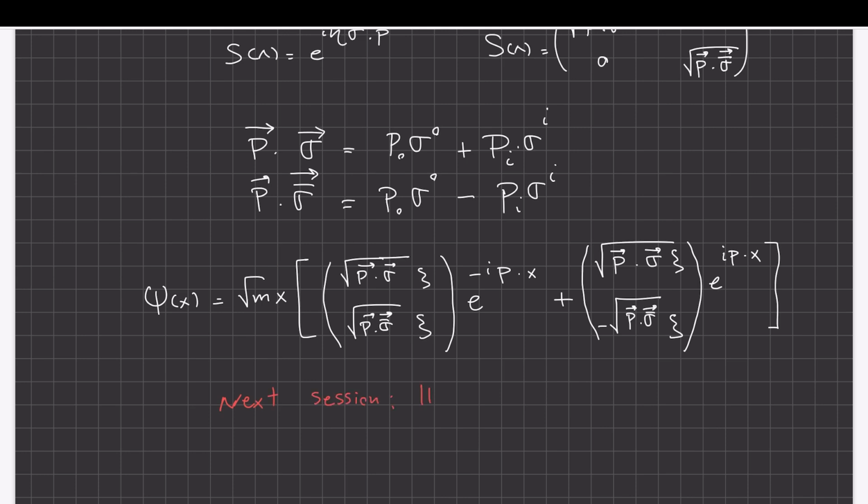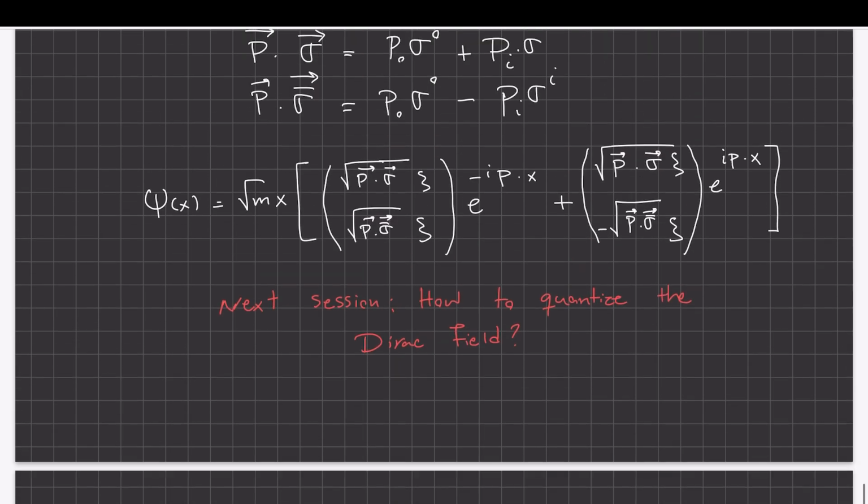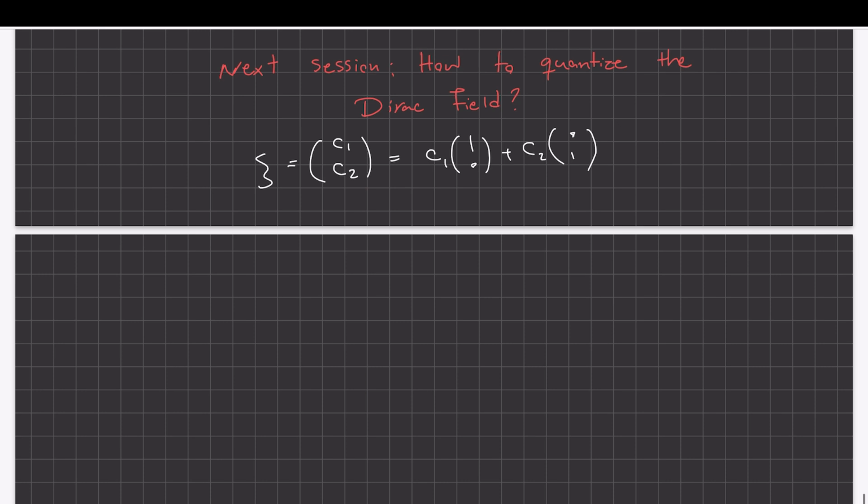So in the next session, we're going to see how to quantize the Dirac field. Now, since we got the answers, the plane wave answers, we can use them in order to quantize the Dirac field, and that's an important notation. Something that we're going to talk about is how to do inner products of the psi field. So we need to introduce this new index of S. So psi is basically C1, C2, but any C1, C2 can be written as a linear combination of the bases that we have, 1, 0, and 0, 1.